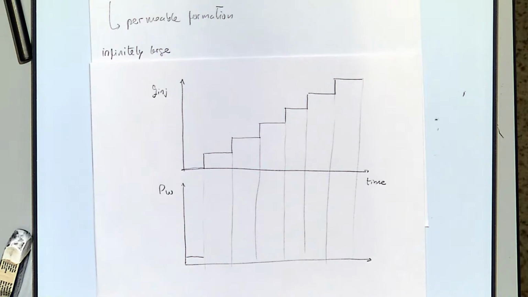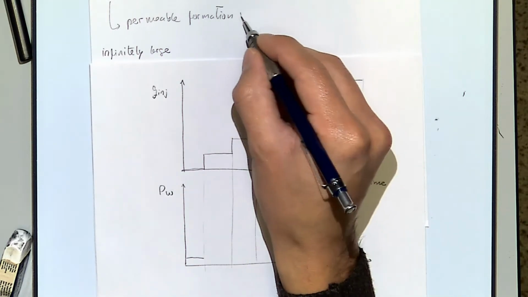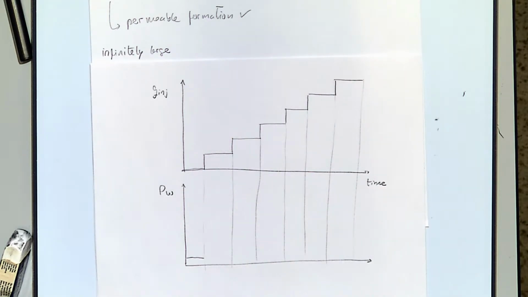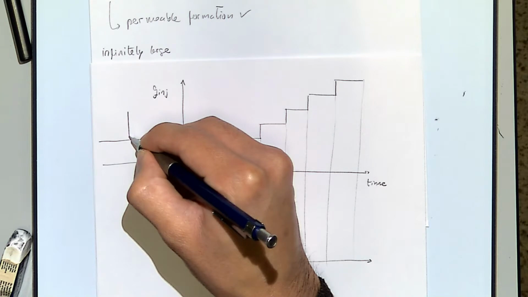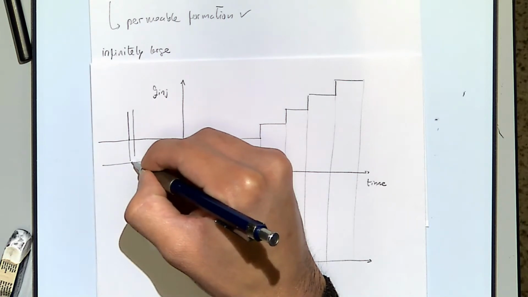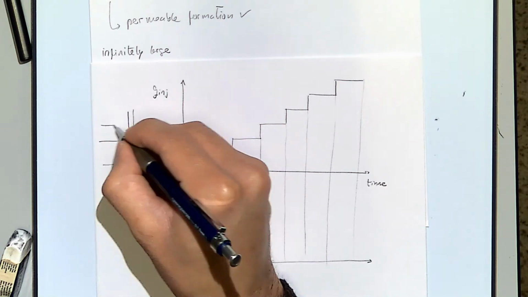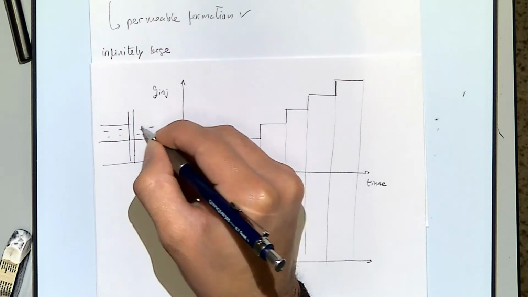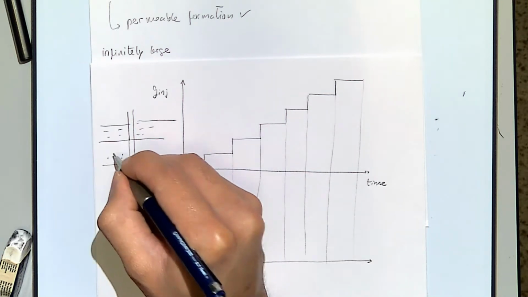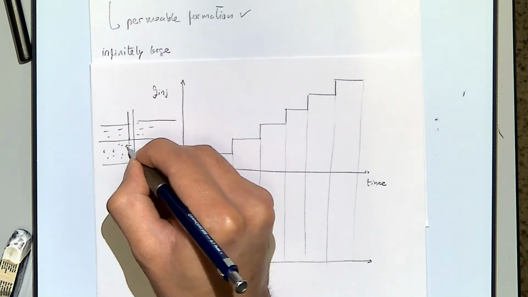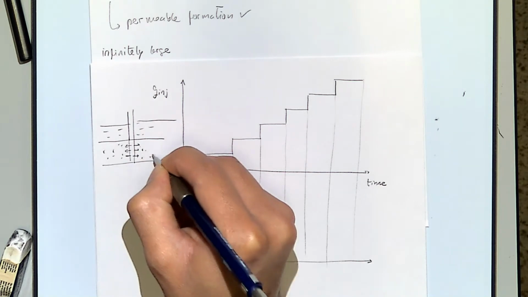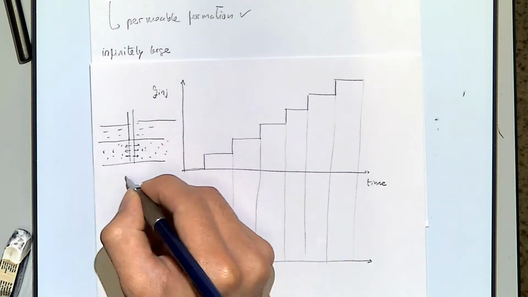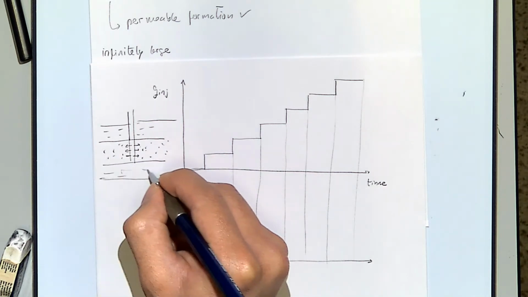It's going to increase, but remember that now we're working in, this is a test in a permeable formation. So let me add a schematic here to help that a little bit. Let's say that we're injecting into an uncased formation, and the fluid is getting into this formation, which is very large.